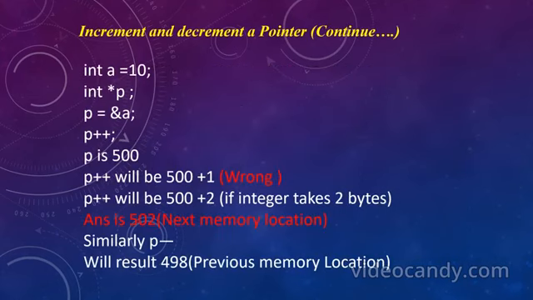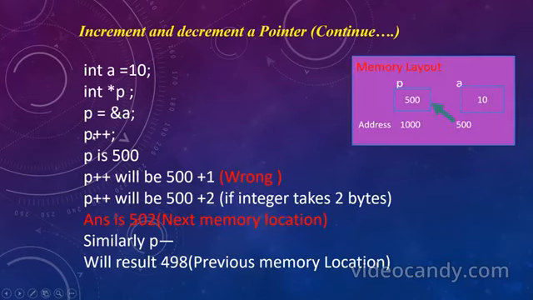So what does it mean? If I have a pointer of integer type, and if an integer takes 2 bytes, then the next memory location will be after 2 bytes. Let's see what I mean. I have created an int pointer p, and I am storing the address of a.